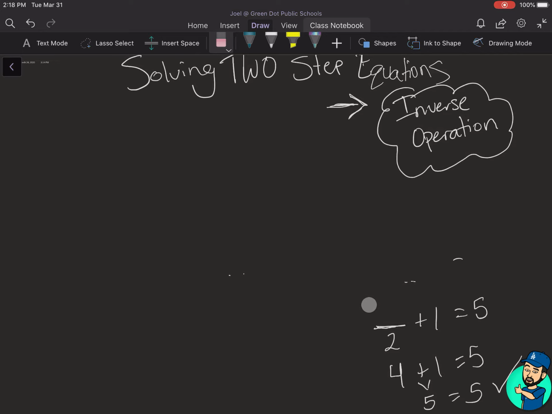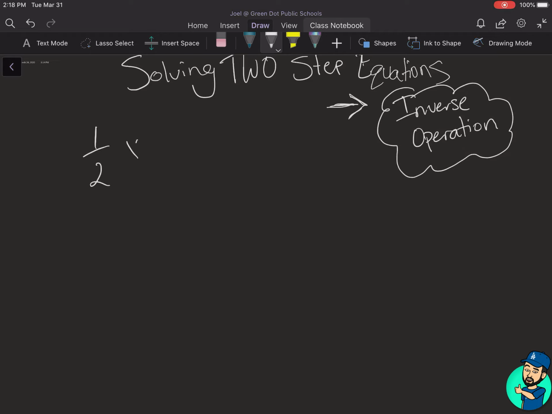What if I write the same problem down, but instead of adding 1, we are subtracting 1? Do we still get the same answer? Alright, let's see. We had half times x plus 1, but instead of plus 1, minus 1 equals 5. Again, you need to move this 1 to the other side of the equal sign, and we can count it as a negative 1.